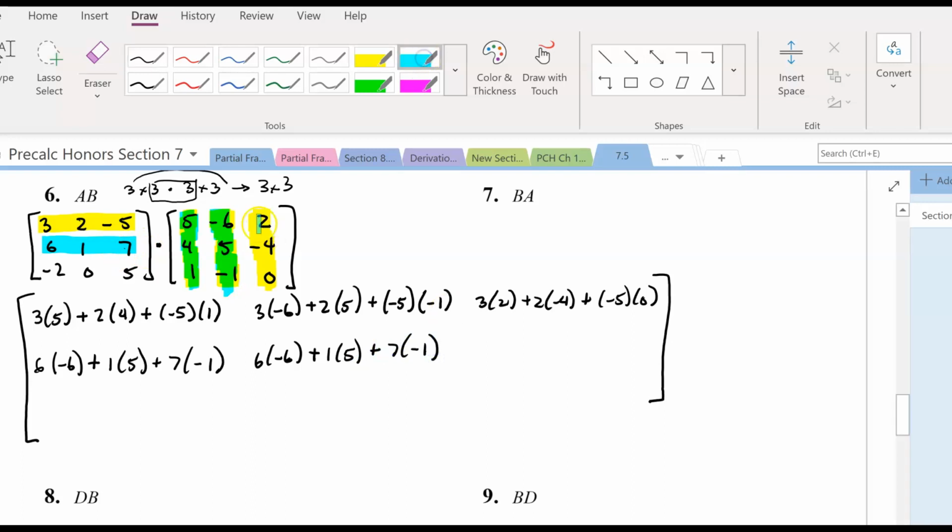All right, now we'll multiply by the last column. 6 times 2 plus 1 times negative 4 plus 7 times 0. All right, and then moving on to the last row. Let's pick a different color here.